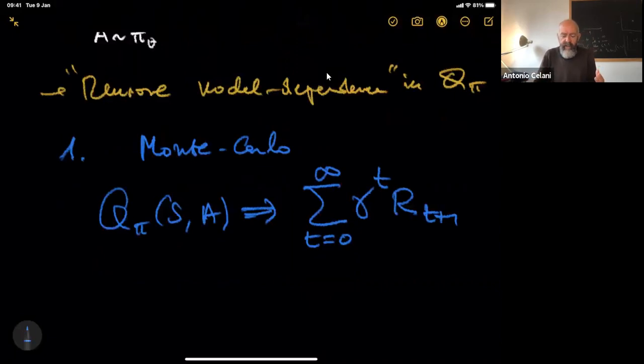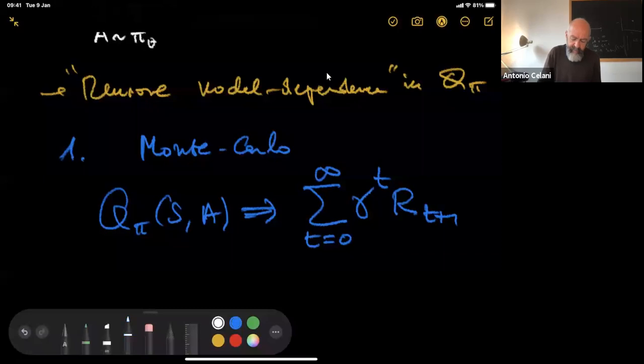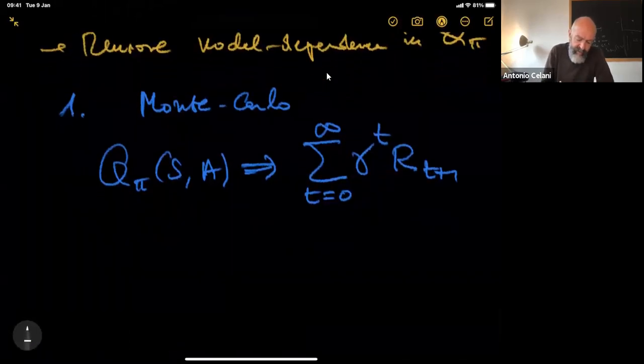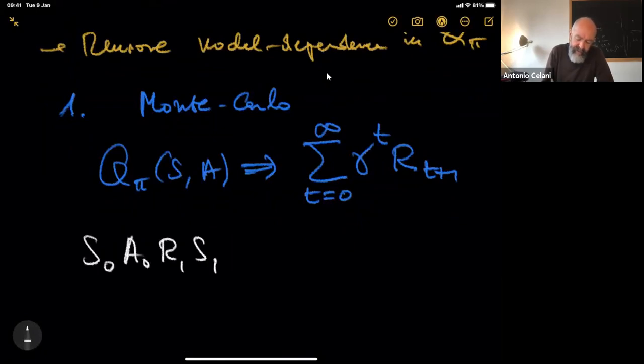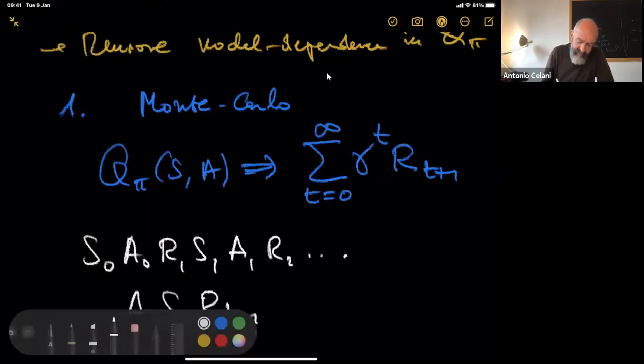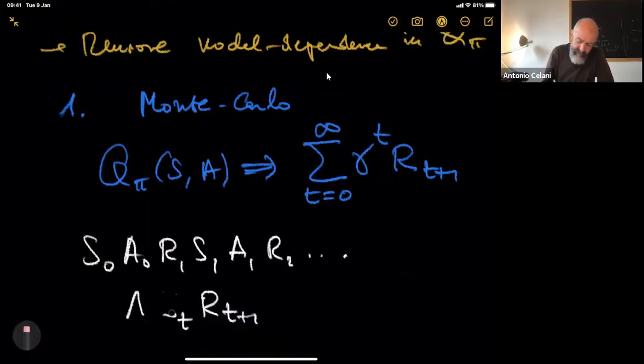So imagine that you have a stream of data. Okay, our usual stream of data that comes in, which has a state 0, action 0, reward 1, state 1, action 1, reward 2, etc. Then you have a reward t plus 1. So it's a state, it's t action.